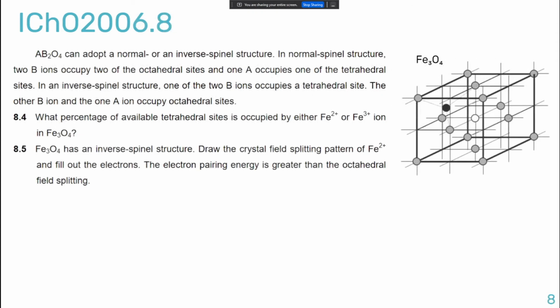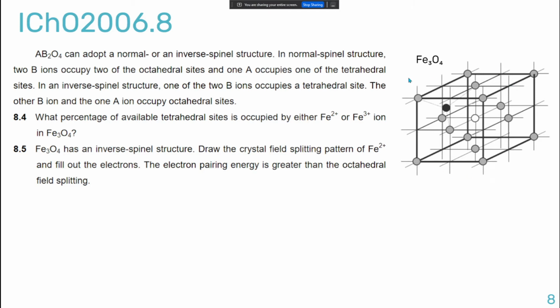A nice example actually from Korea. It's 2006, problem number 8, that's the proper Olympiad, and you are given a structure of inverse and normal. Actually, that doesn't matter again. So some unit is given here, but it is not the proper structure of Spinel.